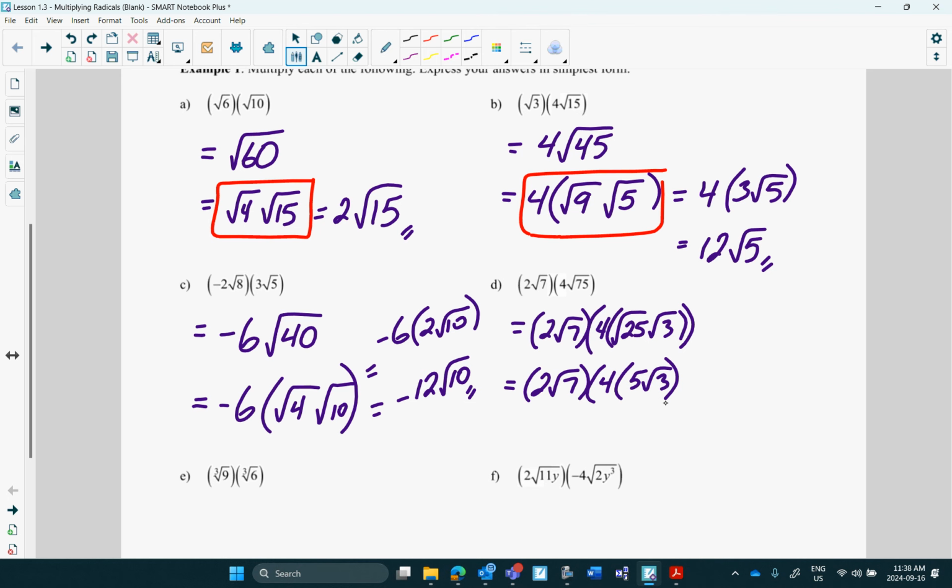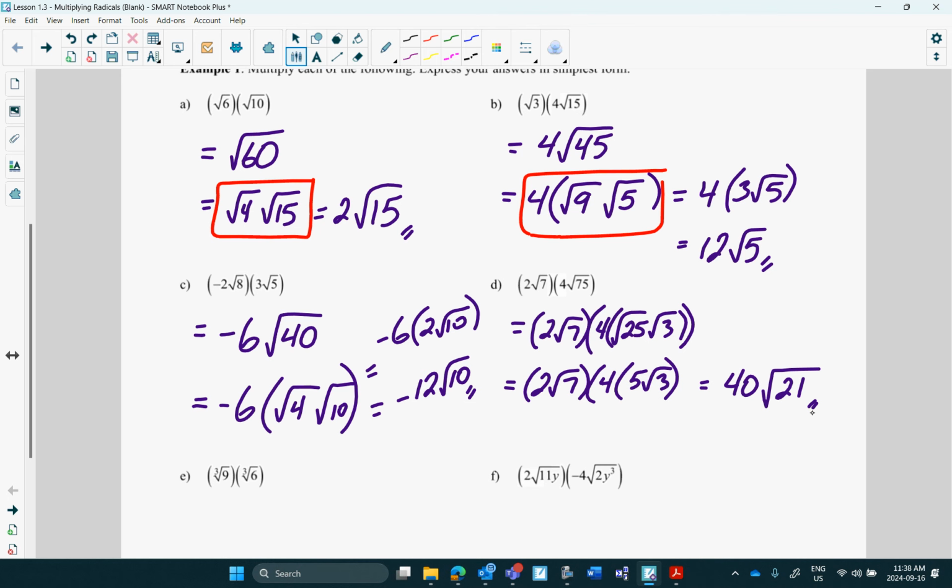And you could do all of the multiplication right here. When I multiply all the non-roots together, what do I get? 2 times 4 times 5 is 40. And then the radicals, root 21. Okay.